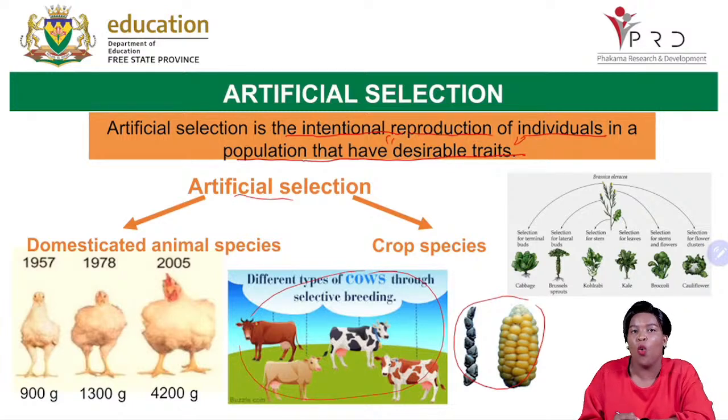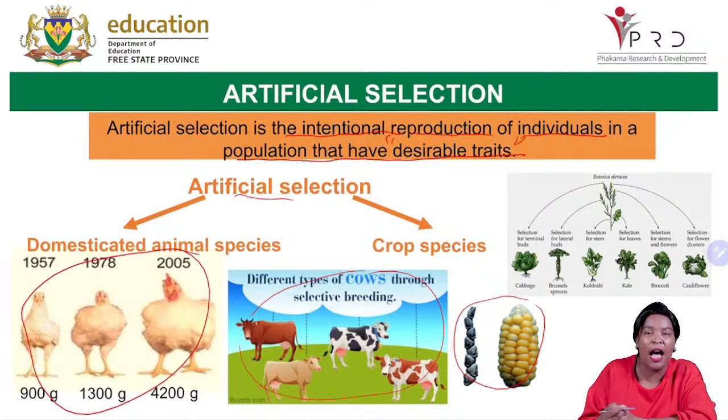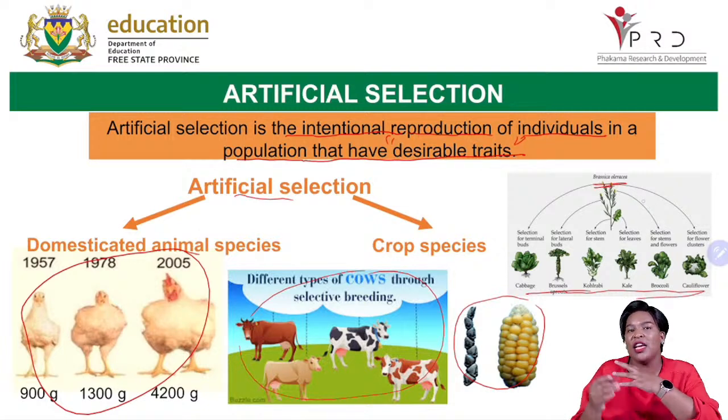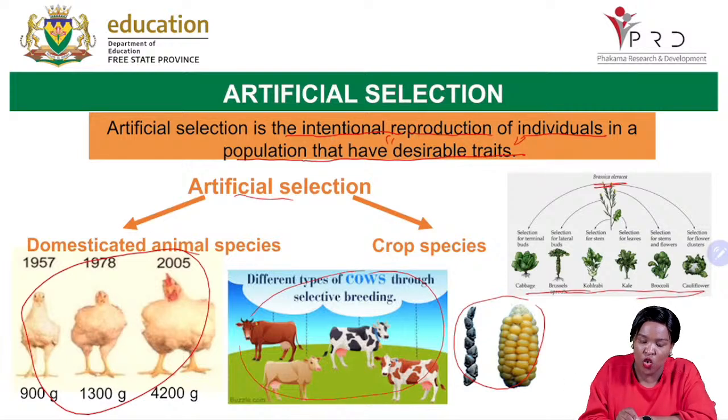You can have cows of a characteristic that you want that gives you more milk or more meat. Chickens that are more muscular, they give you more meat. So different types of cabbages. You can just play with whatever characteristics. As a human being, you intentionally reproduce those individuals of the characteristics that you desire. So that is your artificial selection.